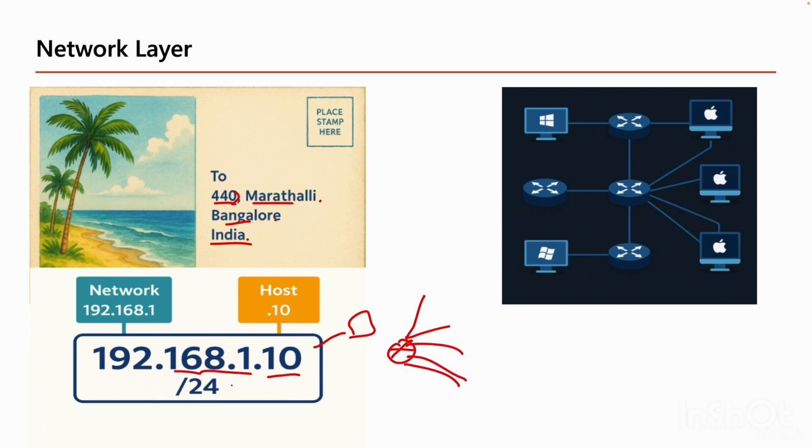So 192.168.1 will reach your network and .10 will reach your PC, right? This /24 tells how many bits are network and how many bits are host. So /24 means these three will be your network and this will be your host. Each of these is 8 plus 8 plus 8 bits, so 24 bits. So the first 24 bits represent your network and the last 8 bits represent your host.